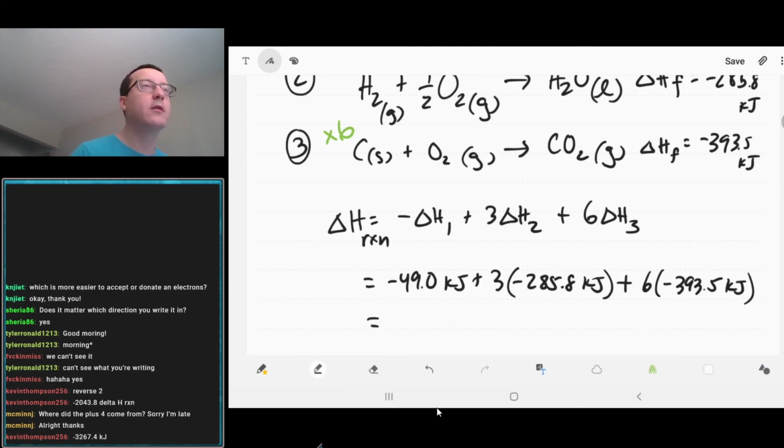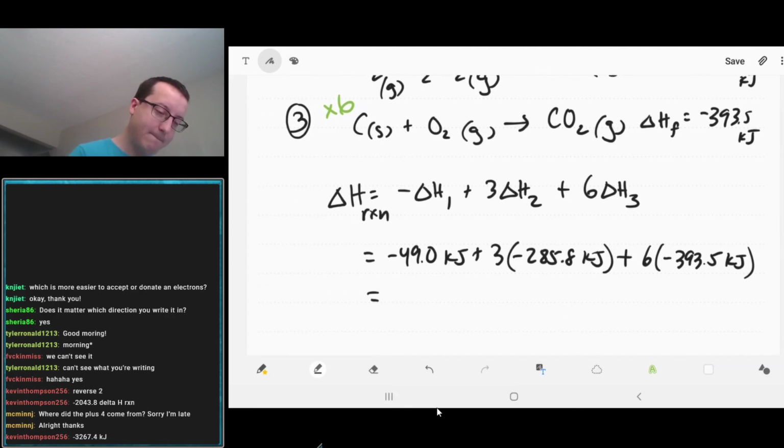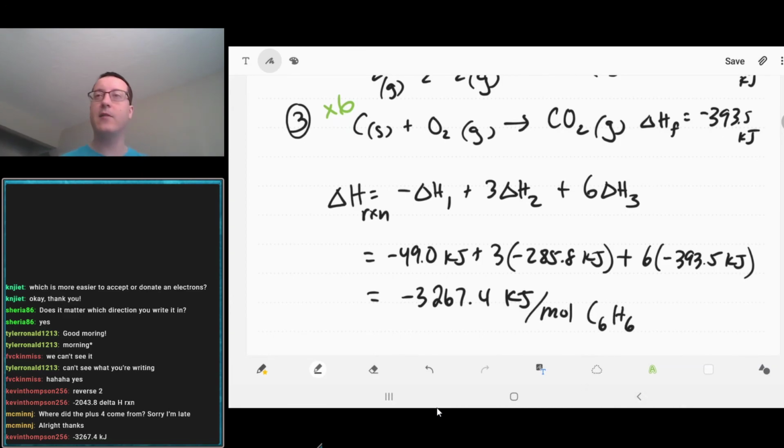Thank you, Kevin. Wow, that's quite a lot. Makes sense, though. Okay, so that's negative 3267.4 kilojoules. And remember, these are technically per mole, right? Like that's essentially what a delta H reaction is. It talks about the moles, right?